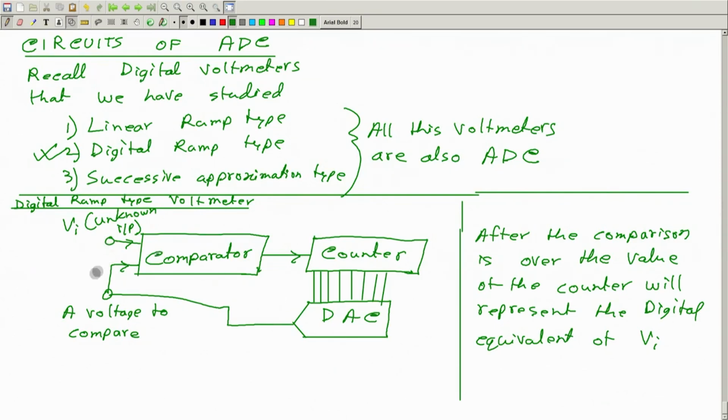So this will also have this input V resolution, such that if this is a number NB, this voltage Vy is equal to NB times V resolution. Let's take an example.